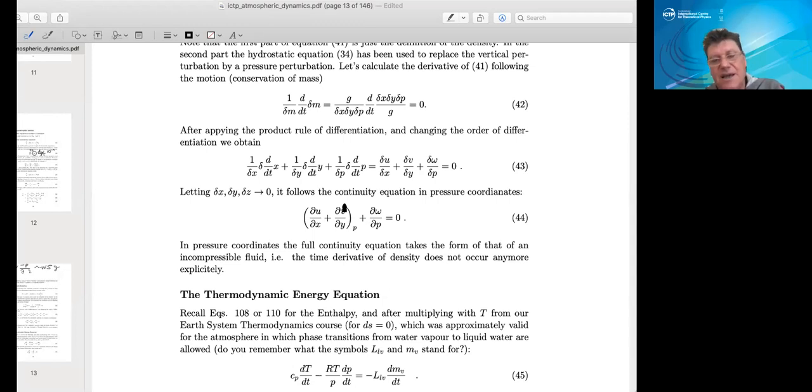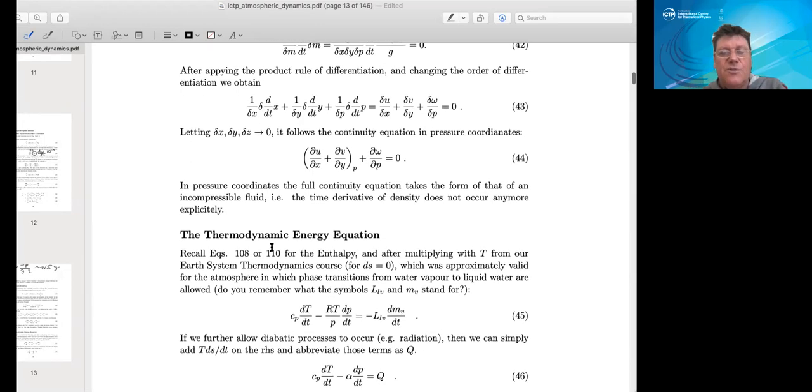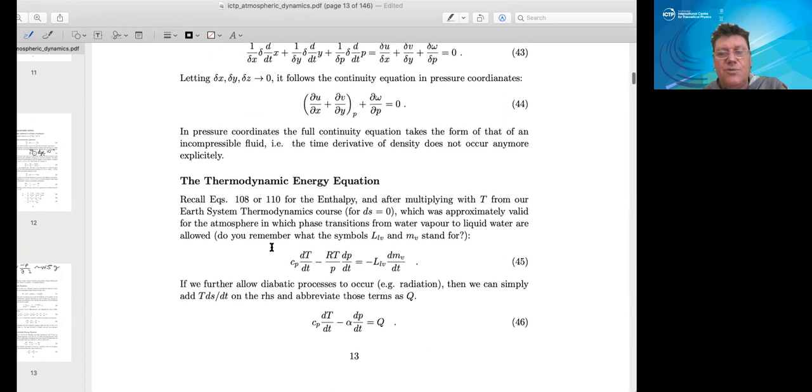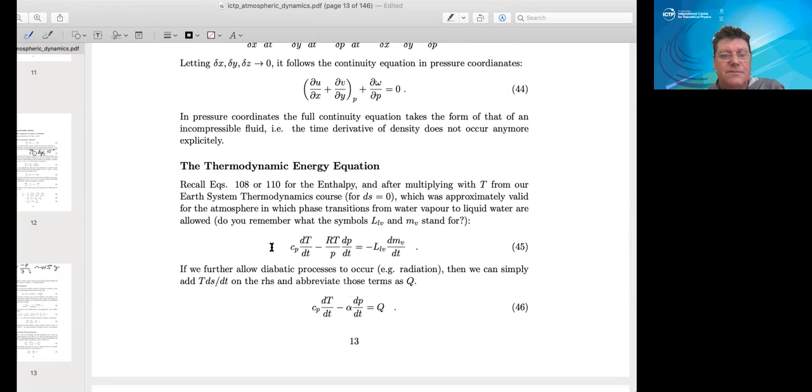But it turns out, if you want to write a model with these equations, you will need in the end an equation for the surface pressure, a prognostic equation for the surface pressure, which is additional. So it's not quite true that we really lose two prognostic equations.